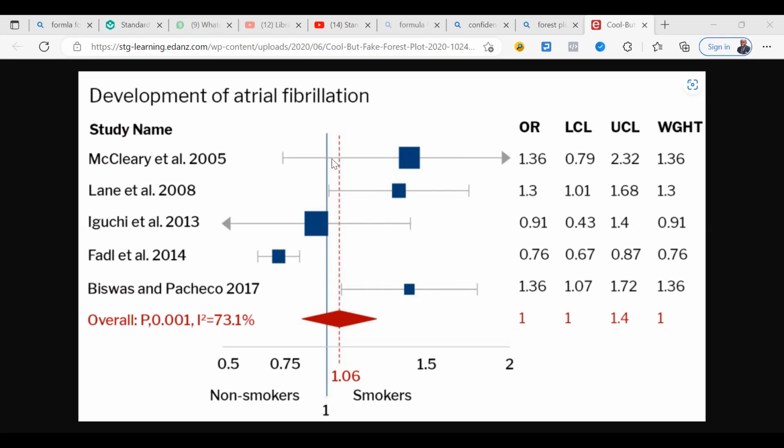Can someone attempt this one? Iguchi et al. 2013. Can someone try and interpret this one?